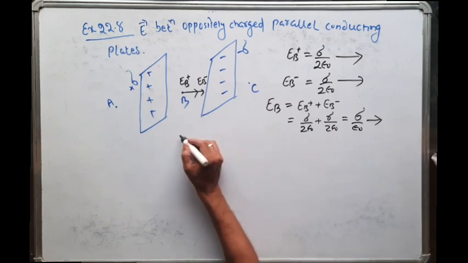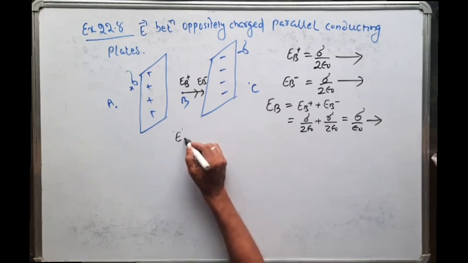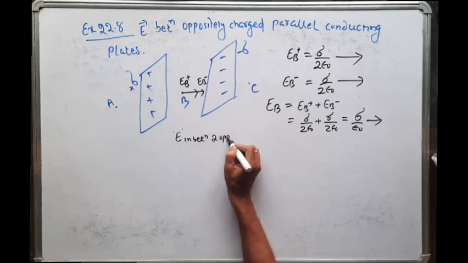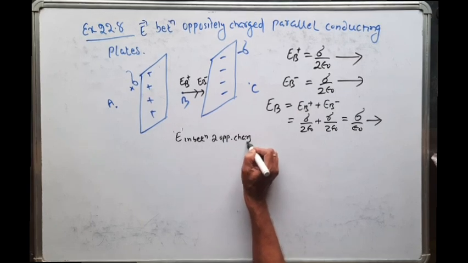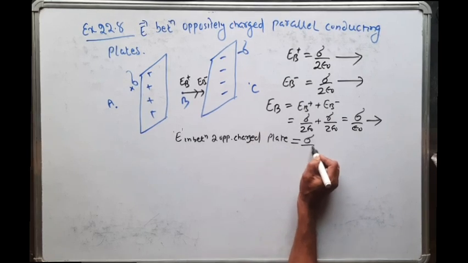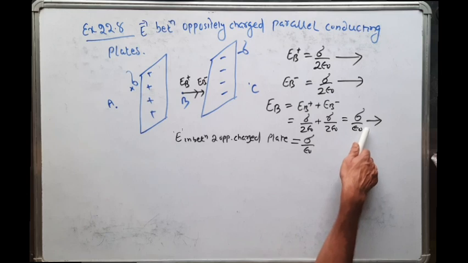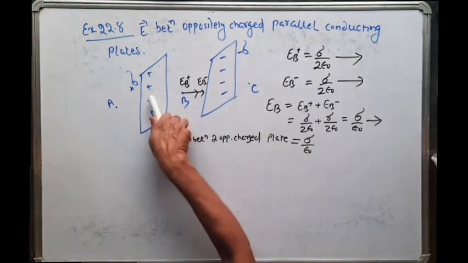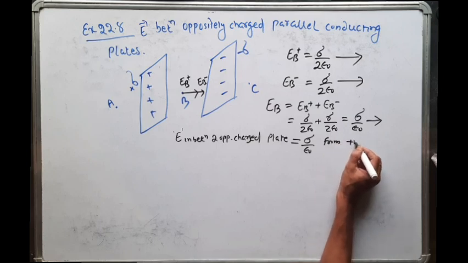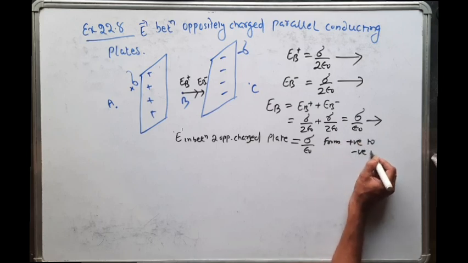So the electric field intensity in between two oppositely charged plates is sigma by epsilon naught, and it is towards right, that is, from the positive plate to the negative plate.